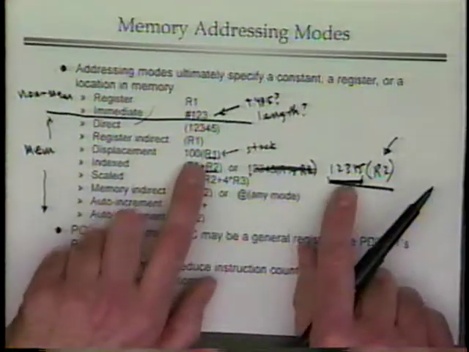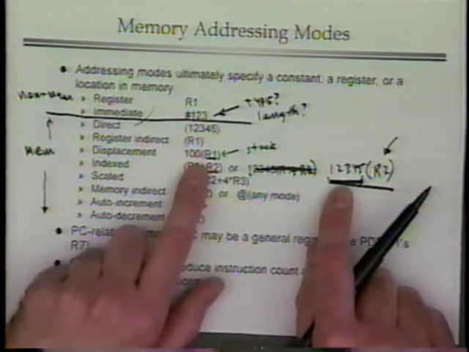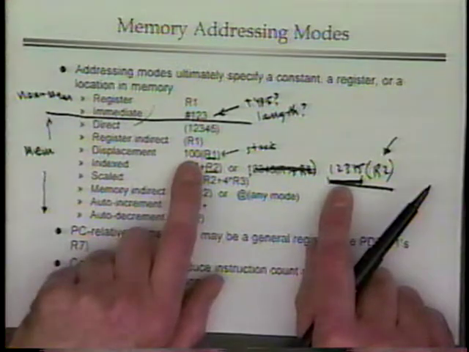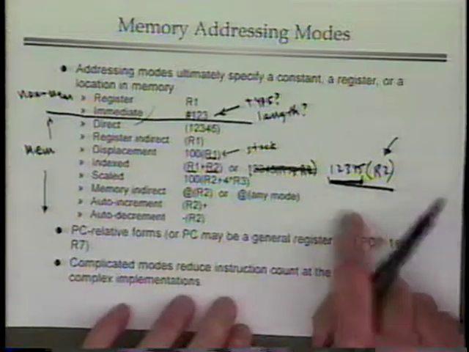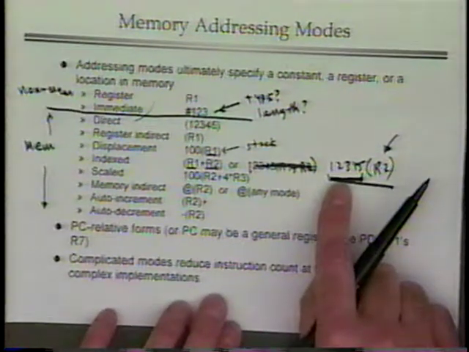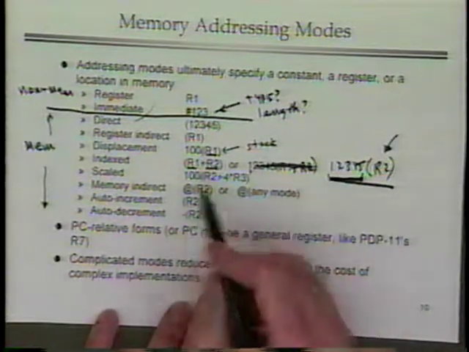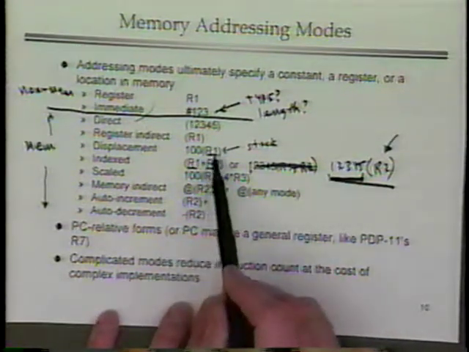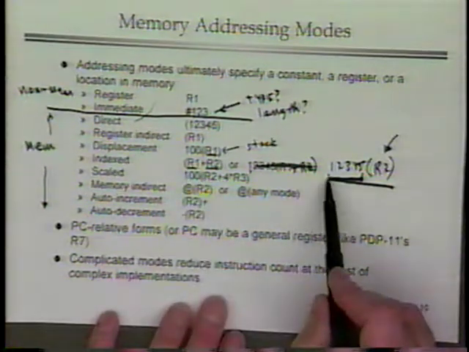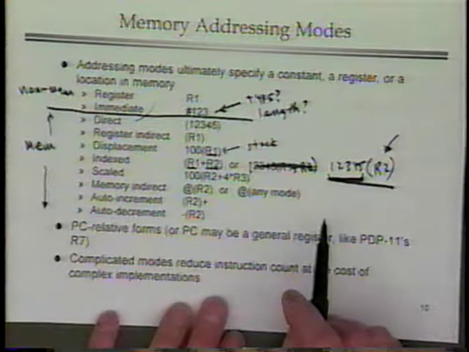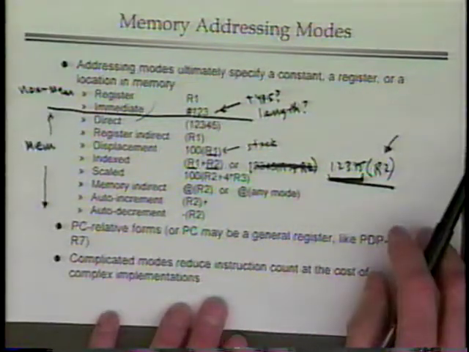And really, these two are the same kind of memory access mode, and the difference is whether you consider the constant to be a small offset or the constant to be the address of the memory variable itself, or at least the base of the memory variable. In any case, both of these schemes basically are the way to take one or more registers, add their contents, and add to that a constant which comes out of the instruction. I hope I wasn't too confusing there. Any questions about those modes?